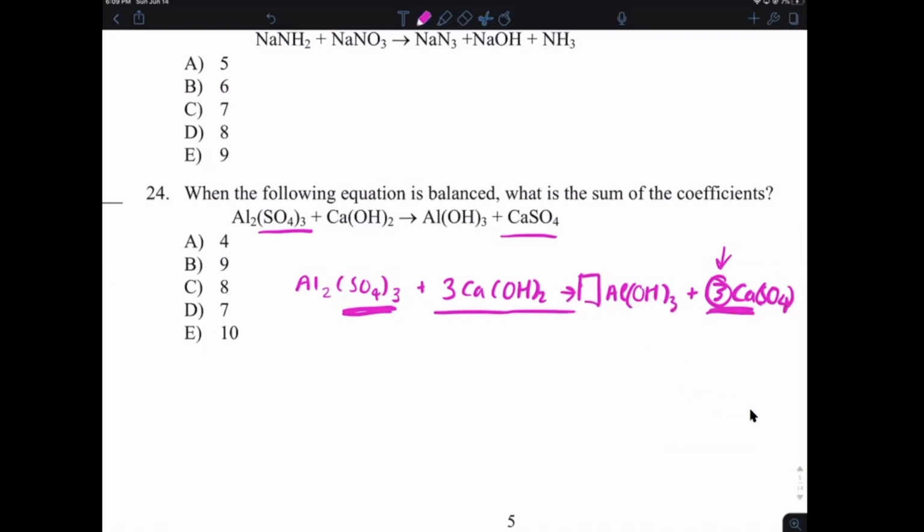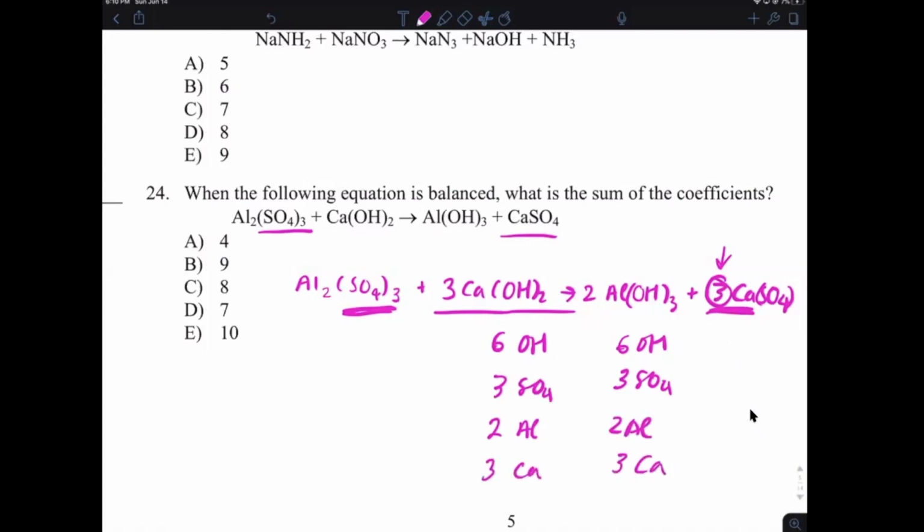Yeah, it should just be a 2, right? And if you check to see if it works, it does work because there's 6 OH, 6 OH, 3 SO4, 3 SO4, 2 Al, 2 Al, and 3 Ca, 3 Ca.